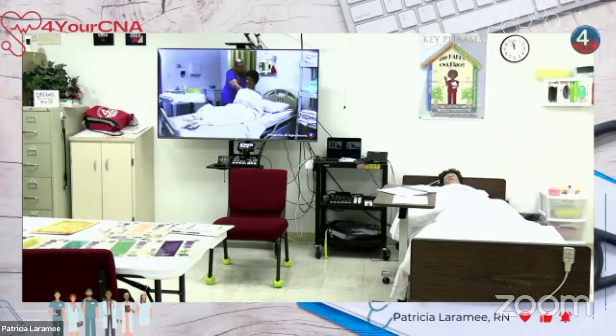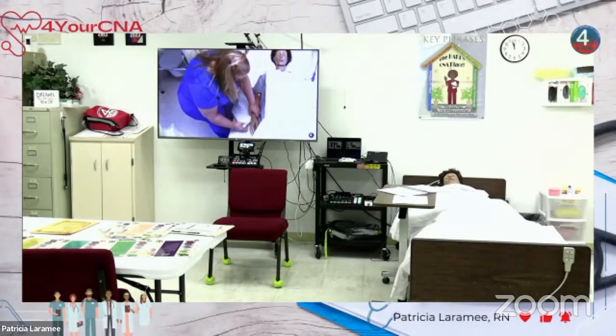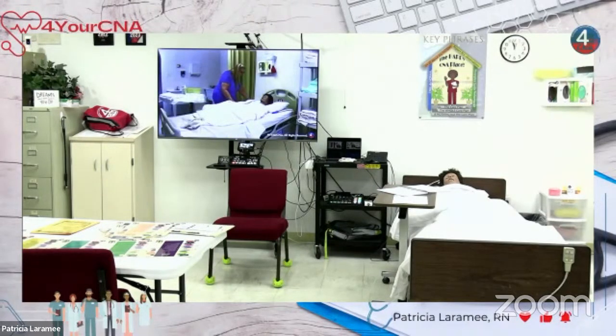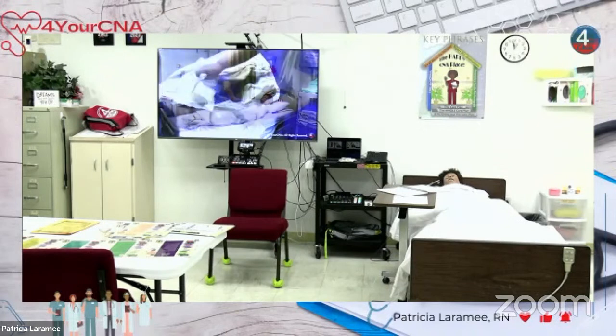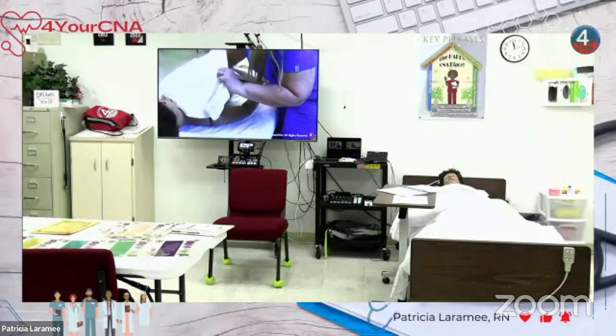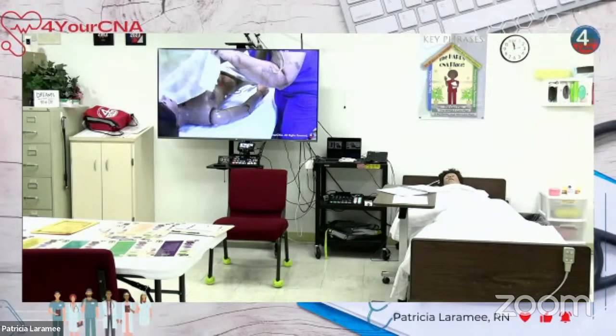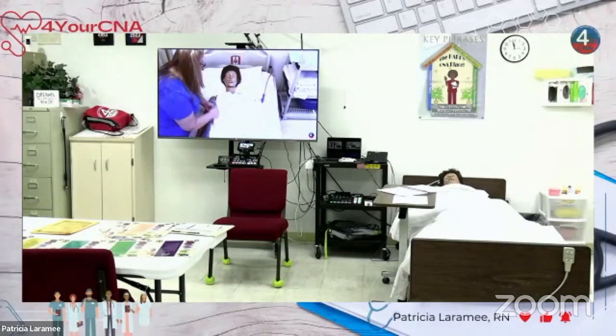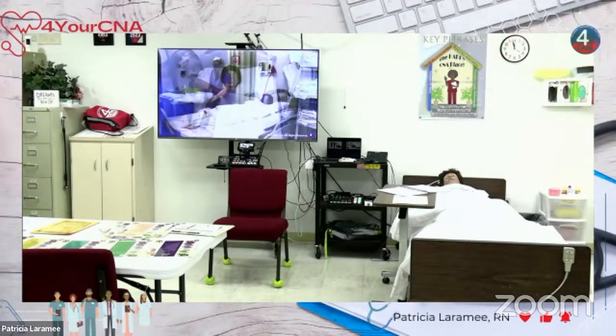And then I'm going to spread the towel out underneath you. Move the empty side closer to you, relocated out to the other side of the patient.